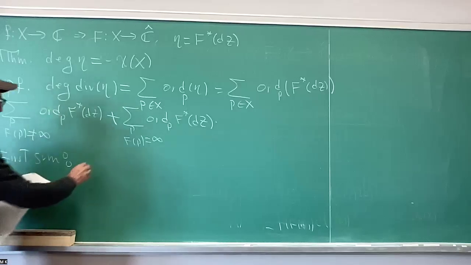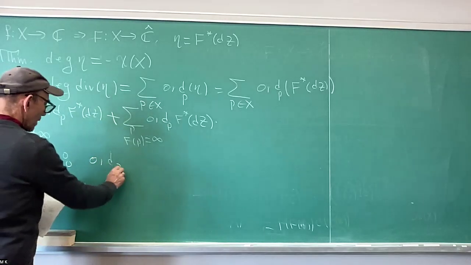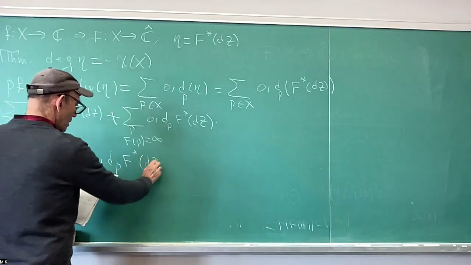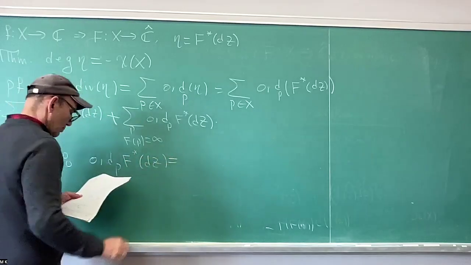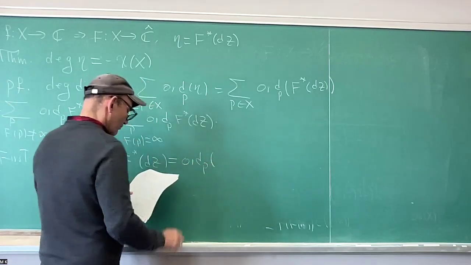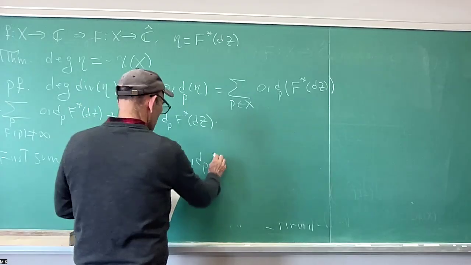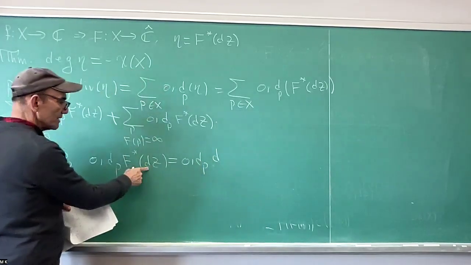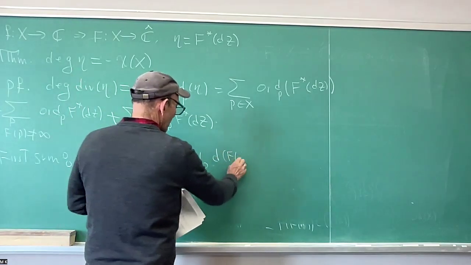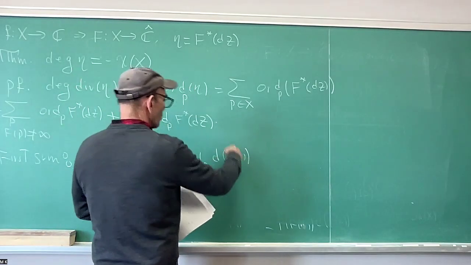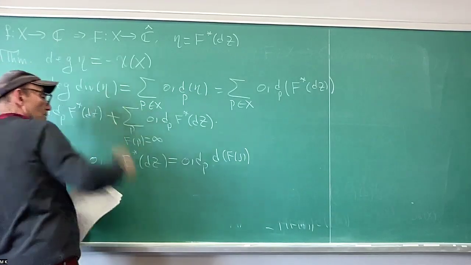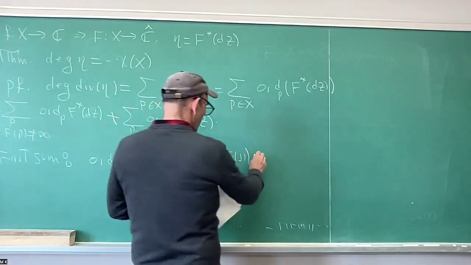Okay, so order at p of f star of dz is equal to order at p of d of f of s. You see, f star of dz is d of f of s, right? Now I'm using s coordinates for X and z coordinate on C hat. But we know what that form is.